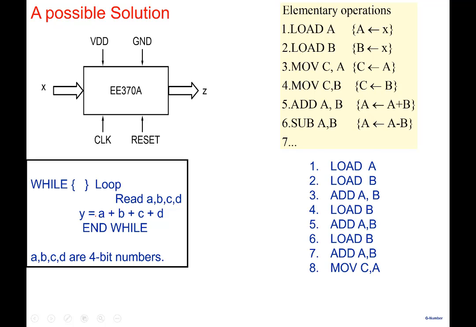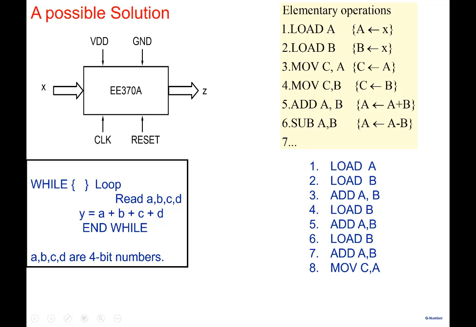So note, if you want to do this particular operation, how would a user now make this IC perform it? These are the elementary steps that my IC can execute. So the user could do the following.